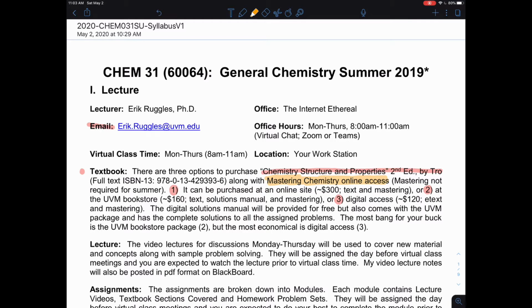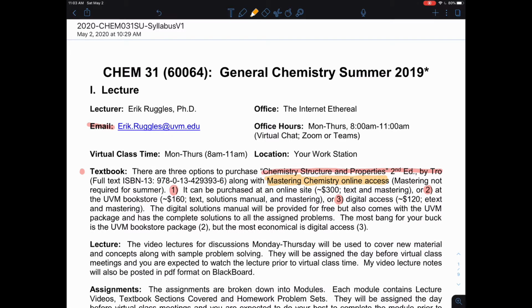As far as the most bang for your buck, at the UVM bookstore you're getting a textbook, solutions manual, and Mastering Chemistry. To be honest, I also provide the solution manual on Blackboard, for free. So that's already offered to you. So it's really up to you what you prefer.